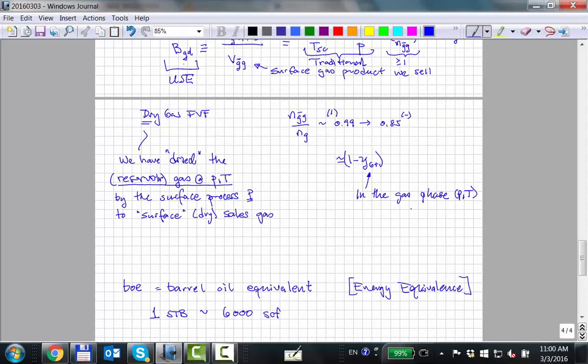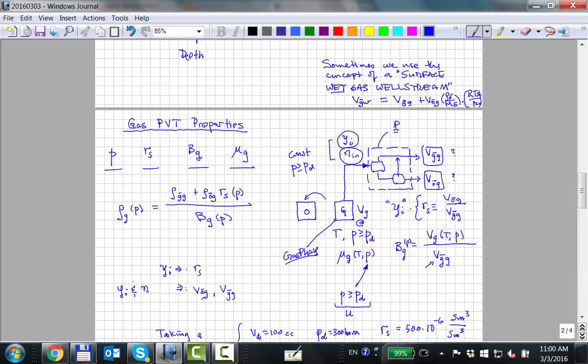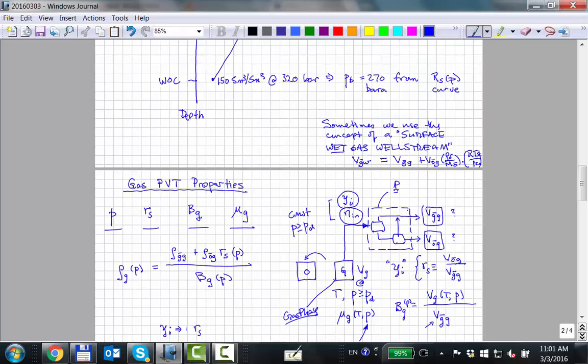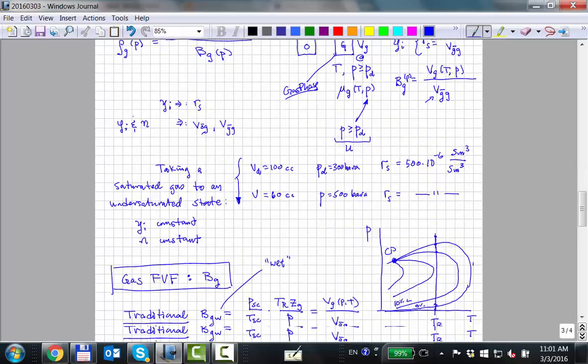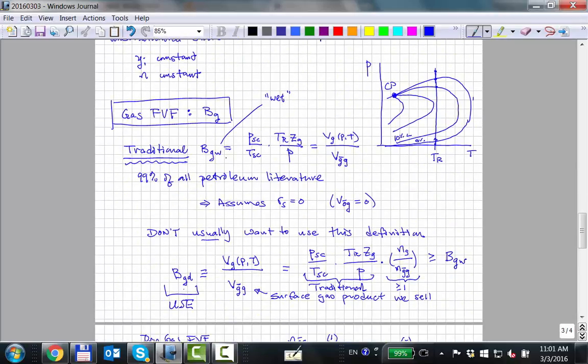And the wet gas concept is a little bit the same thing. It's not a value equivalence, but it's just a concept that we sometimes use. And so this traditional Bg is called wet gas because it's basically saying that what became condensate, surface oil, we put back into being gas.